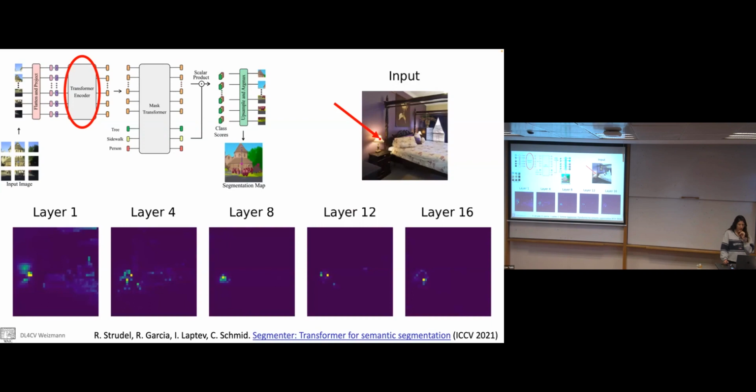We can compute the attention map of a patch of a small instance, like this lamp here, across different layers. At the first layer it attends to broader global information, and as you go deeper it attends only to the region, even the edges of the lamp itself.